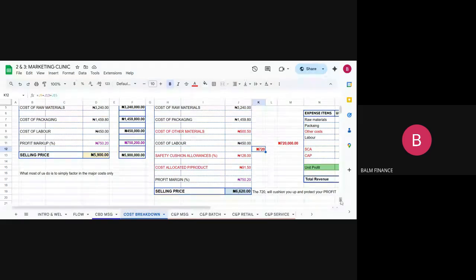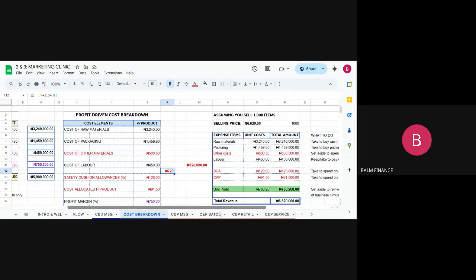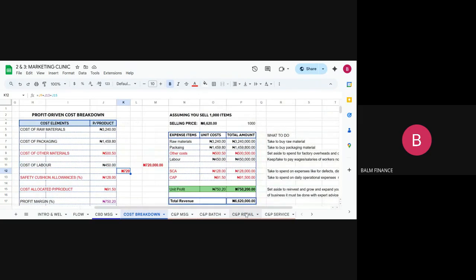But let's look at what that 720 will do. As I explained earlier, if this particular seller has added every cost before adding a profit margin to her product, and she has an order to sell 1,000 items, this is what will happen. The whole sale will generate a revenue of 6,620,000.